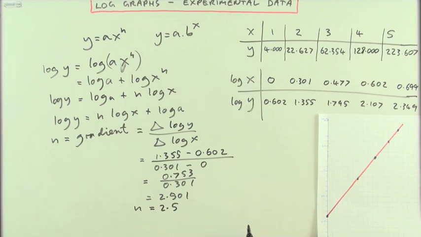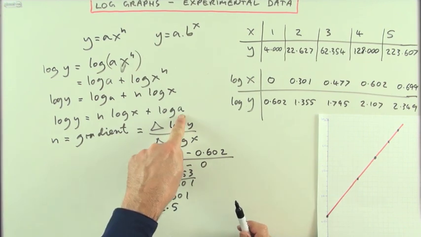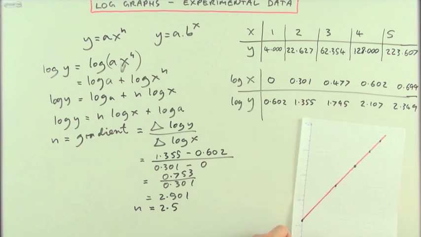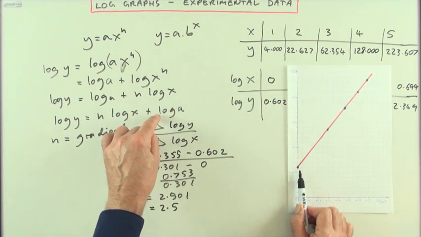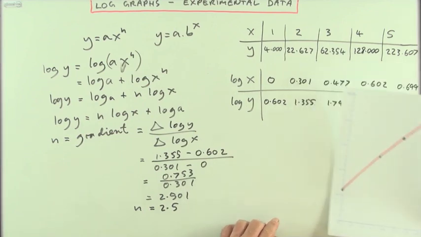The next part would have been this. How do you find what A is? Well, since I happen to know where it cuts the vertical axis, I can just read that from the axis then.